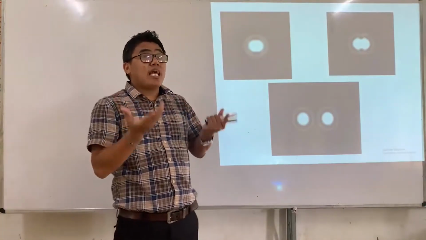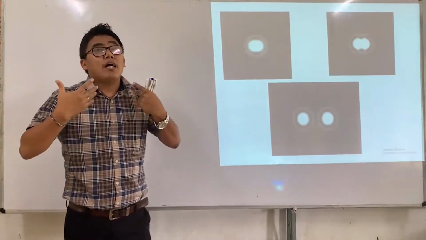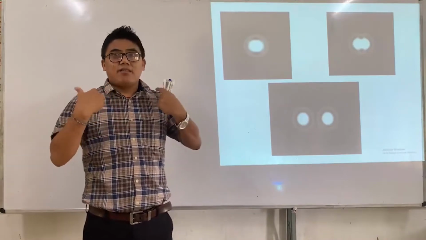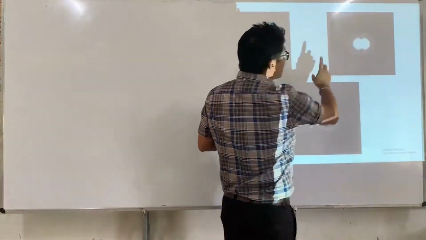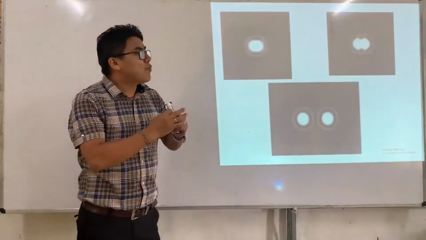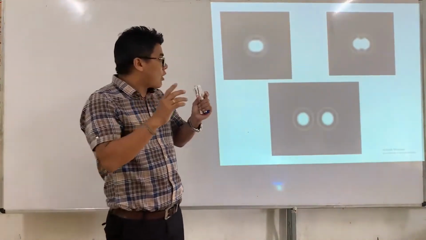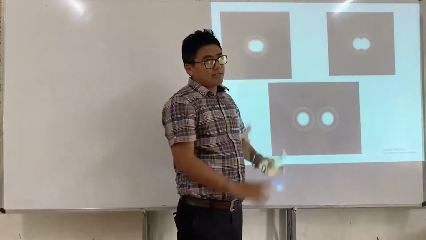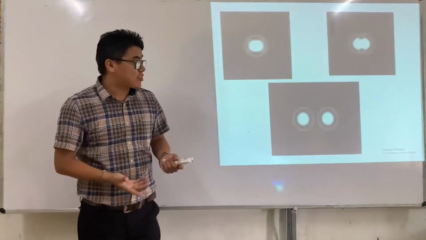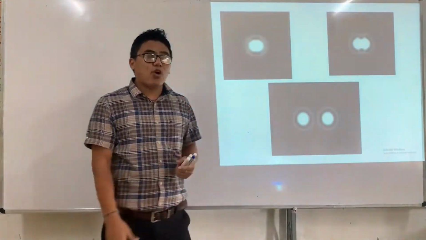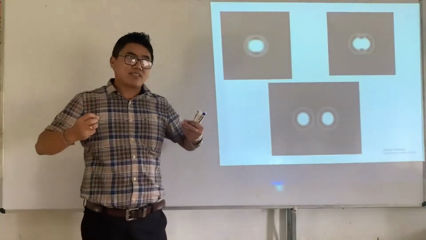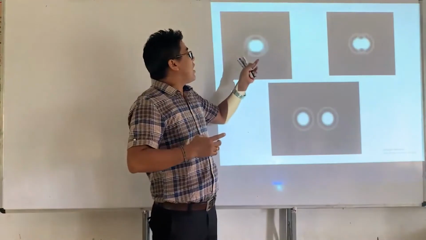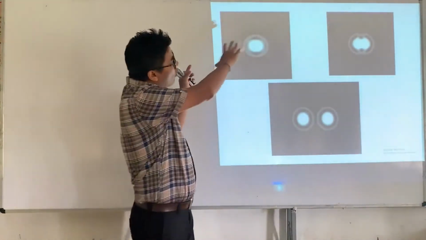Now when we use a telescope having resolving power greater than the naked eye, we could see two stars, very close to each other. If we use a better telescope, then we could see two separate stars. Actually the stars are the same.